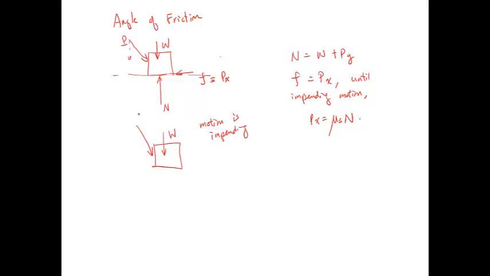This is impending motion, P. So my N is going to equal Py plus W, and this is now mu s N. Can you see that in order for the block to not move or not rotate, all the forces will end up acting along a straight line.